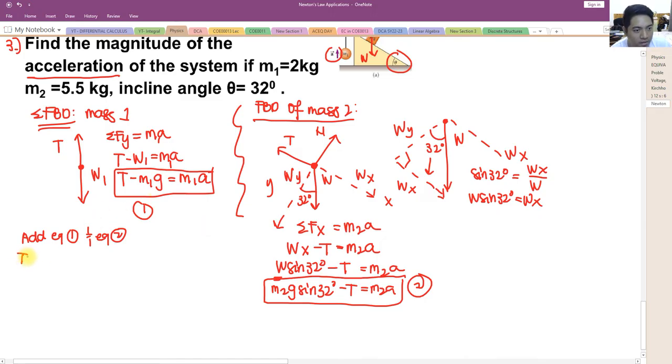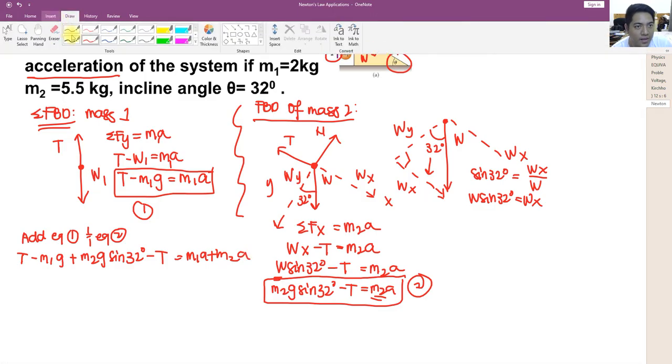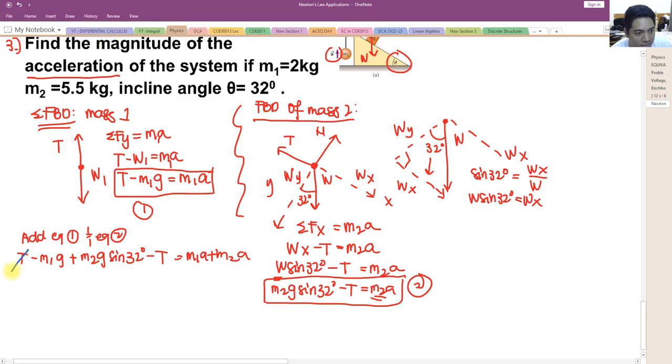So you have 2T minus M1G, plus the equation 2, we have M2G sine 32 degrees minus T. And of course, the right side will also add M1A plus the right side of this, M2A. So as you can see, class, what happens here is that T minus T cancels. So we need not solve for the T.